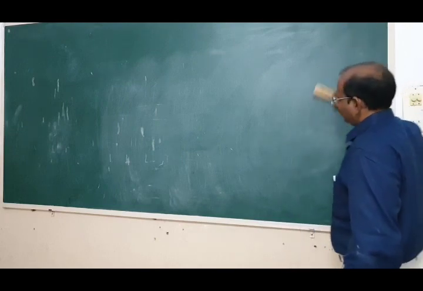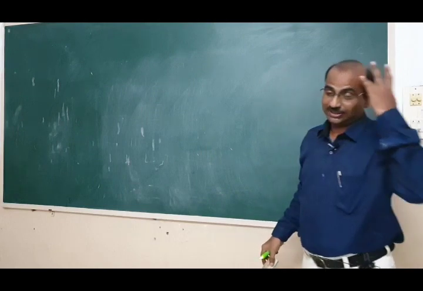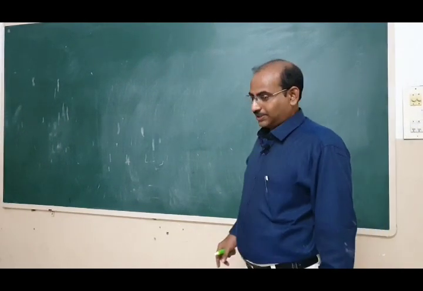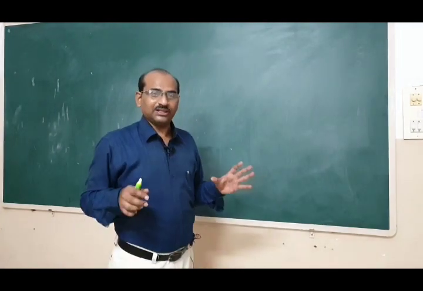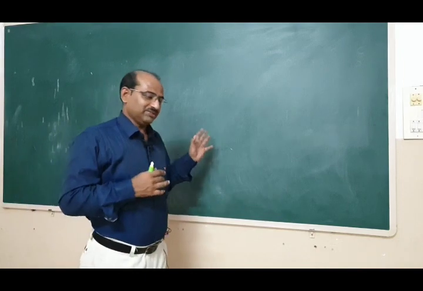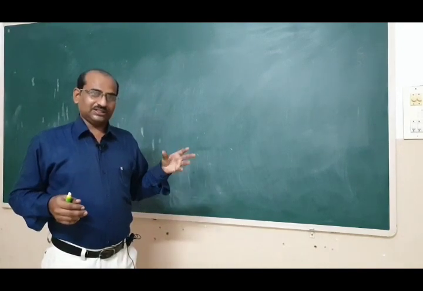Actually we can similarly discuss multiplication and division also, but as per your syllabus we have to discuss only ones complement and twos complement method. But right away going into the complements method you may feel it is a little difficult.